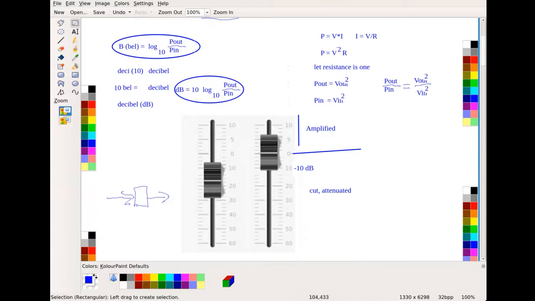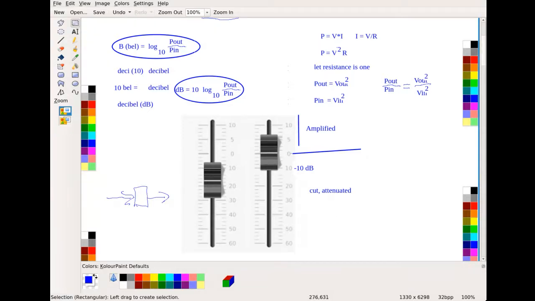All right, so here's the bel. He shows us the bel there in 22.8. And then he shows us the decibel, which is this value, 10 times log. And so the decibel should be 10 times that.